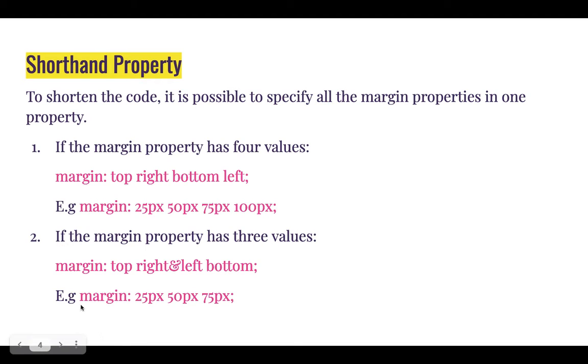This is an example. We set a top margin of 25 pixels in this example, and we set a right and left margin of 50 pixels. Lastly, the third value applies to the bottom margin.